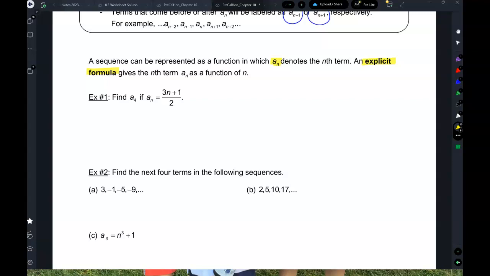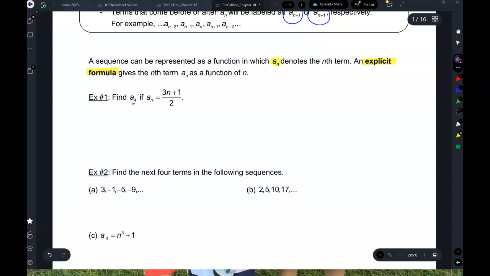So for example, we have to find a sub 4 if a sub n has this formula. Do you see how this is a function? It's a function of n, the variable is n. The name of the function is a sub n instead of f of x, okay? With this, you can populate the entire sequence, the entire list.